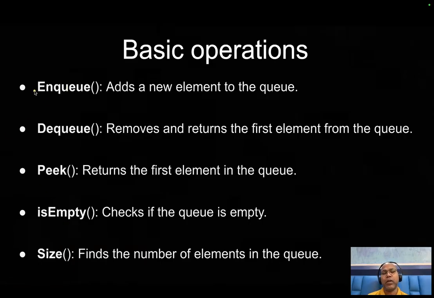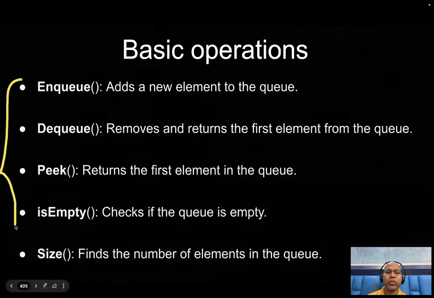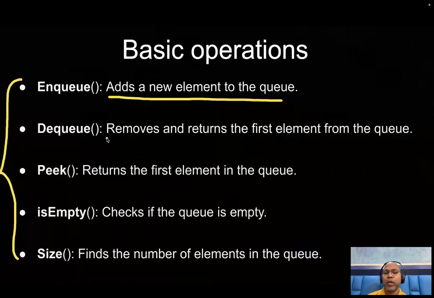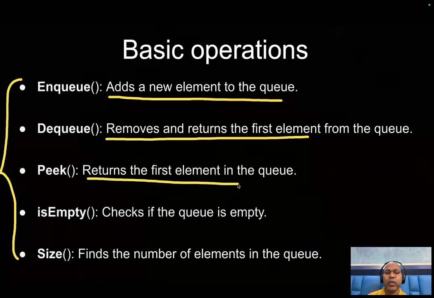In lots of inbuilt data structures, these basic properties are also considered. These are the operations or methods you are going to perform, like adding a new element to the queue, or removing and returning the first element from the queue, or just returning the first element without removing it, like a peek.